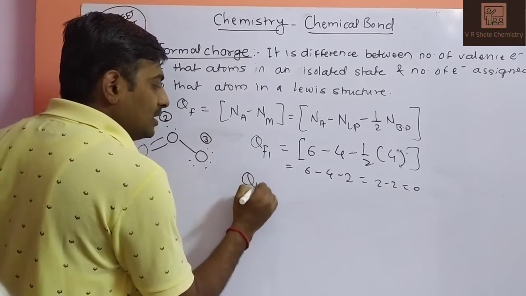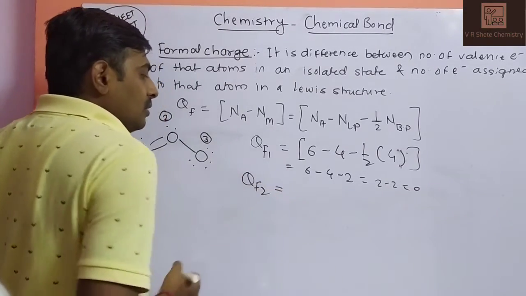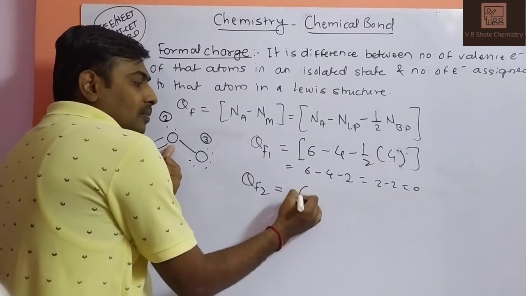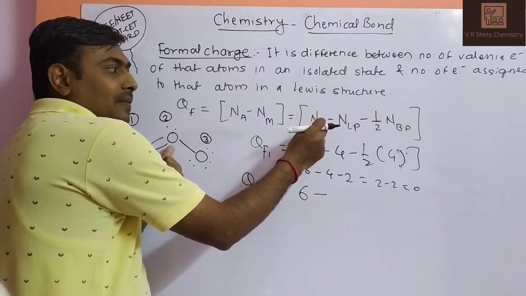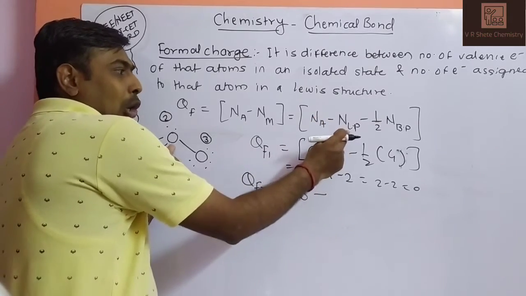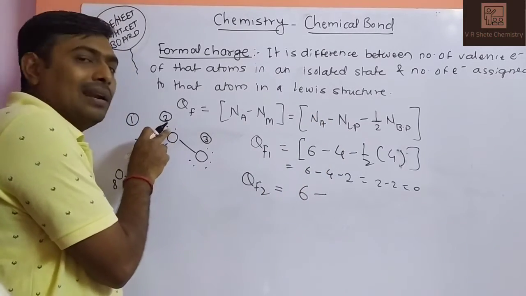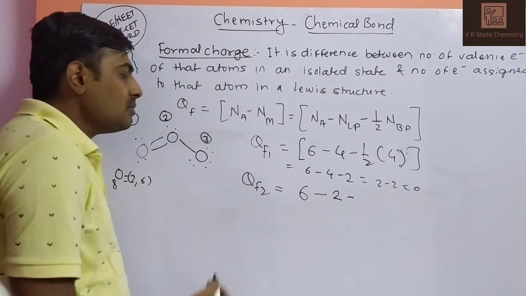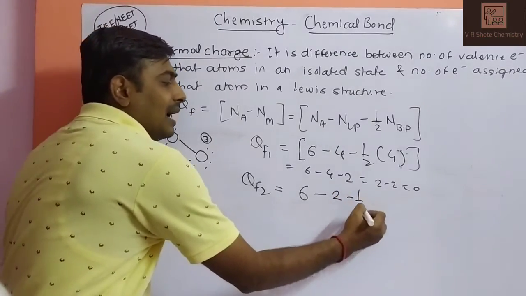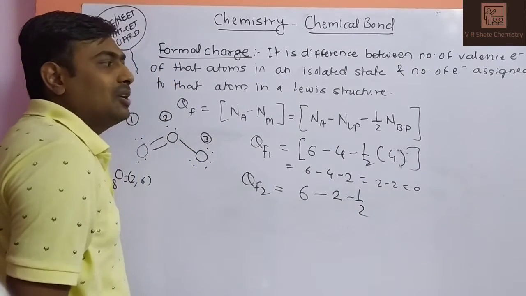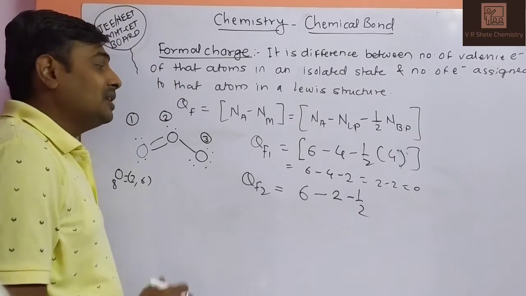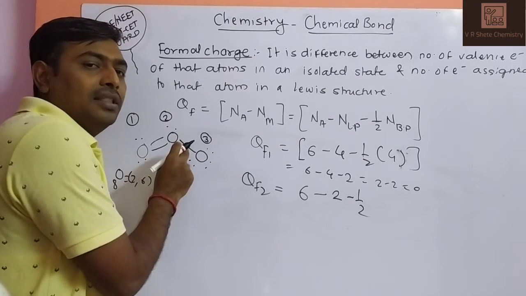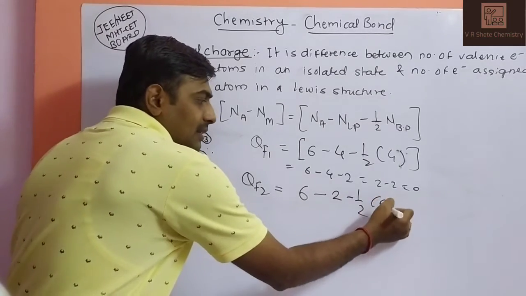Second oxygen atom, that is QF2. Again, it is an oxygen atom: 6 valence electrons, minus lone pair electrons, 2, minus 1/2 into the number of electrons in bonding pairs. There are 3 bonds for the second oxygen, and 3 bonds means 6 electrons.